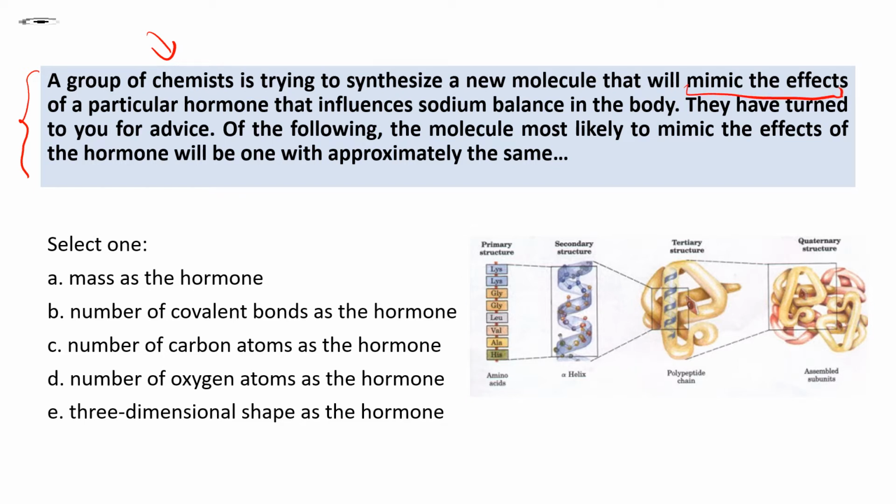Hormones are generally proteins, and they are asking you how you mimic the function of this protein. If you remember, the function of proteins depends on the shape, on the 3 dimensions.